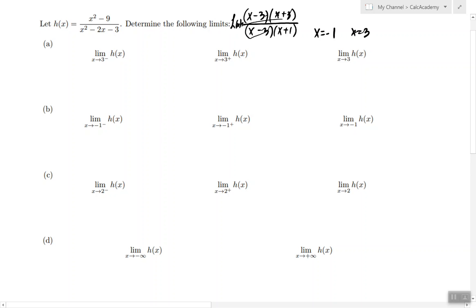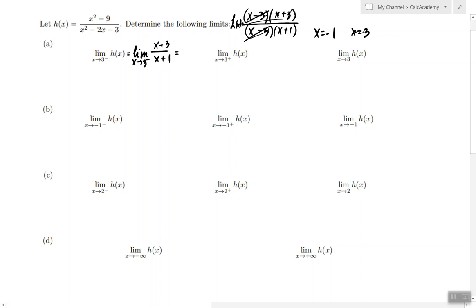So that means that when we're looking for the limit of the function at 3, so that's the first limit, it doesn't matter if we're looking for it from the left or from the right. We would first remove that factor of x minus 3 from the numerator and the denominator and simply find the limit of the function written in the simplest form.